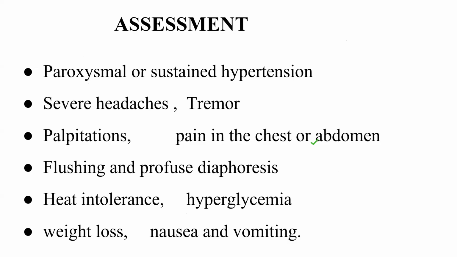There could also be palpitation, pain in the chest or abdomen, because we said that this tumor can also be found in the chest or in the abdominal area. There could also be flushing or profuse diaphoresis, that is, patient is always sweating. Patients could also have heat intolerance. Patients will come down with hyperglycemia, weight loss, nausea, and vomiting.